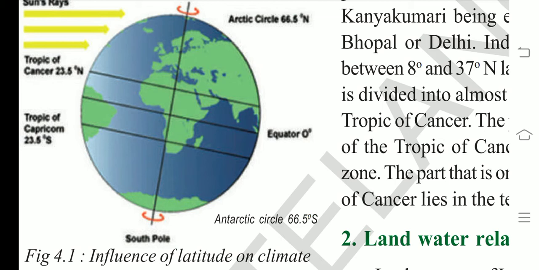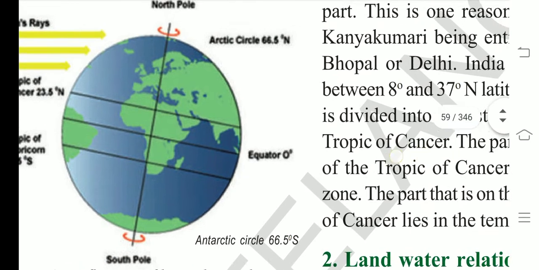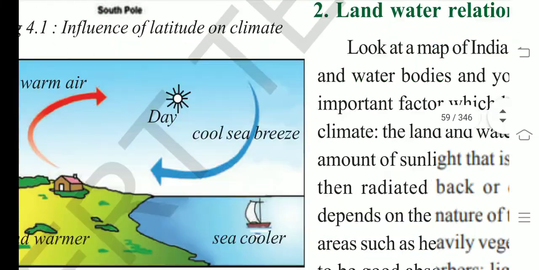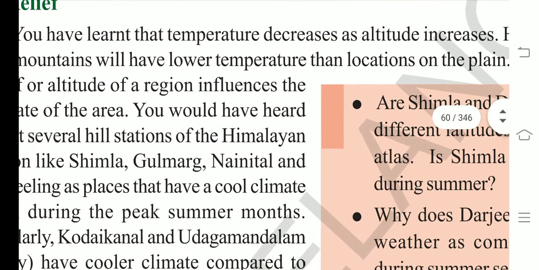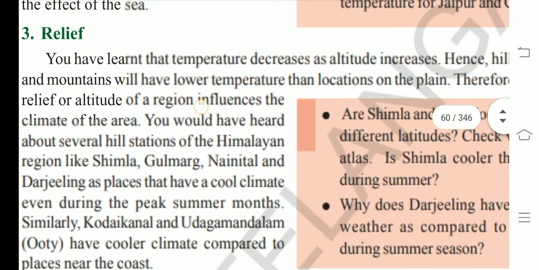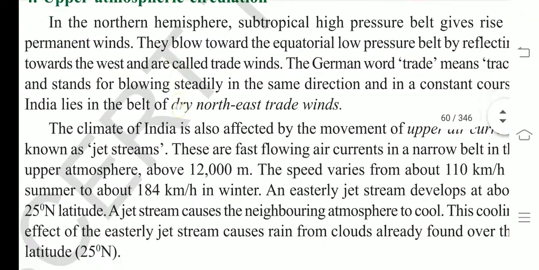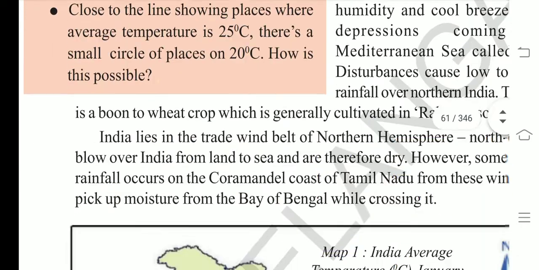Understand? So here, my dear students, the temperature in the month of January will be 10 degrees centigrade in many parts. Coming to the coastal area, the temperature recorded is 20 degrees centigrade because the places are near the coastal area.